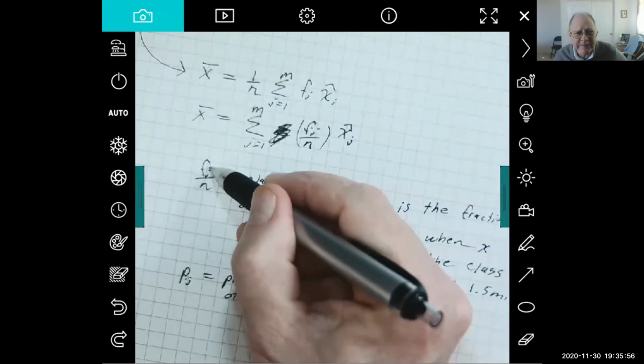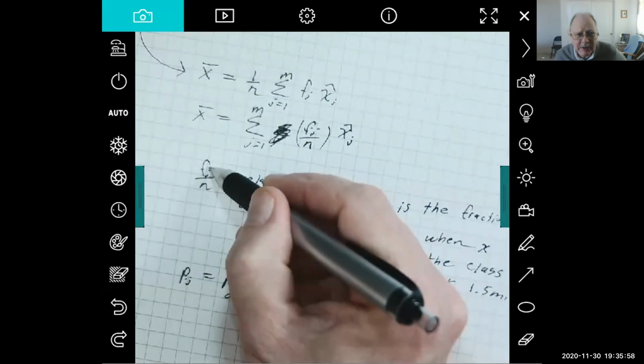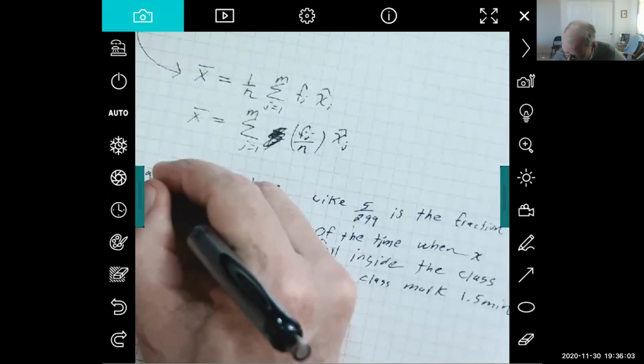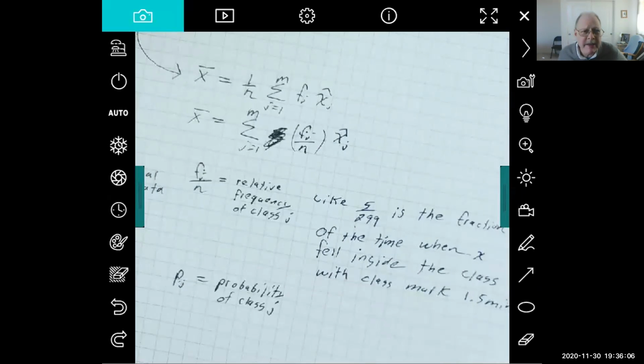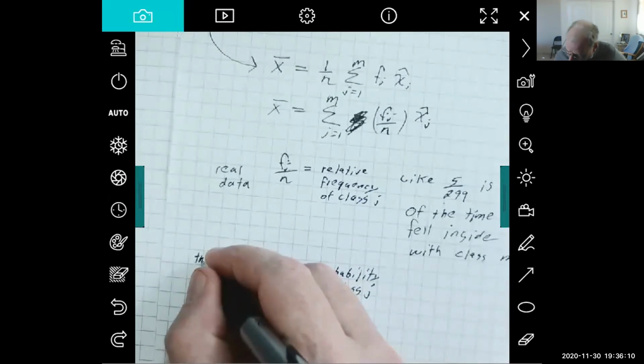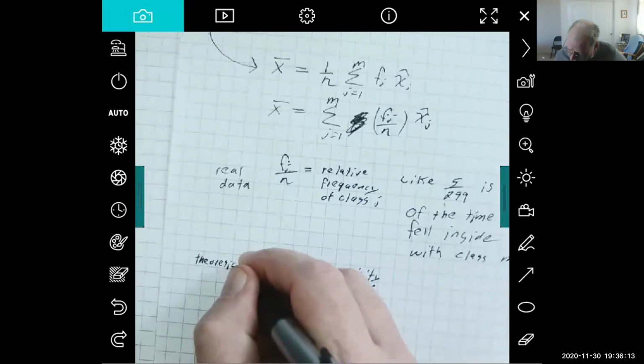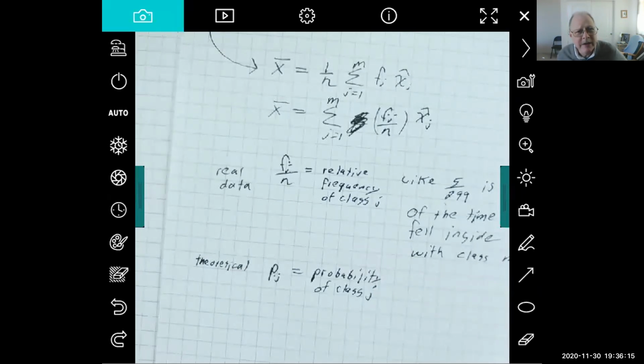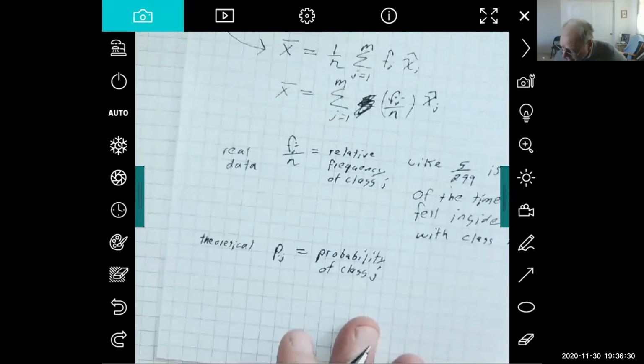Fj is gotten by counting. You actually measured the eruptions. You went out and looked at it. So this is real data. The probabilities are based on some theoretical model, like all these problems about drawing cards or rolling dice or whatever. You say, well, if I did it long enough, I think all different sides of the dice would come up equally likely, this kind of thing. So somebody might have a model for how the eruptions work.